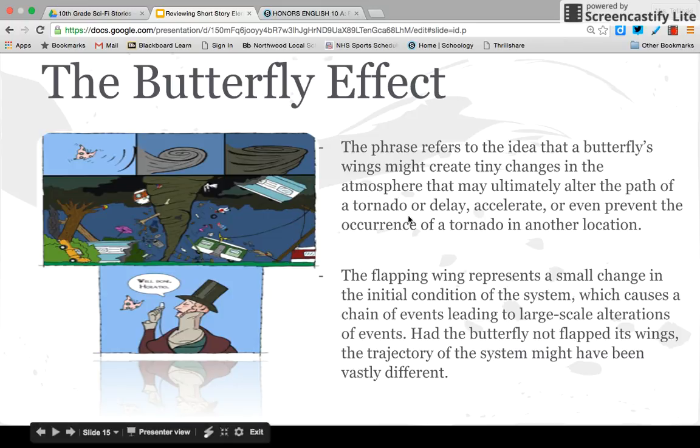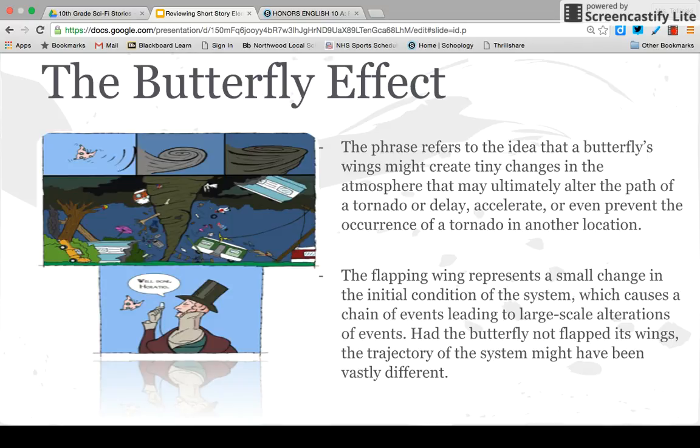So the butterfly effect is a phrase that refers to the idea that a butterfly's wings might create tiny changes in the atmosphere that may ultimately alter the path of a tornado or delay, accelerate, or even prevent the occurrence of a tornado in another location.